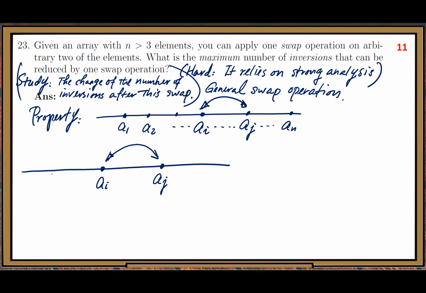In the first segment there are I minus 1 elements, right? In the last segment, there are n minus j elements, right?